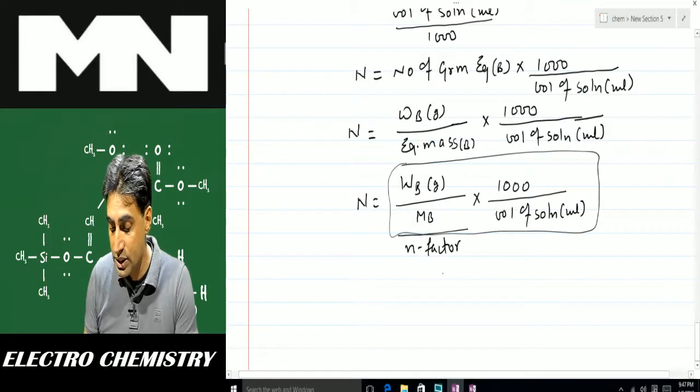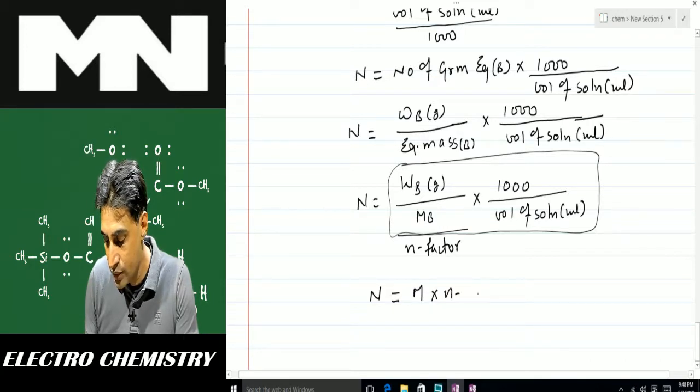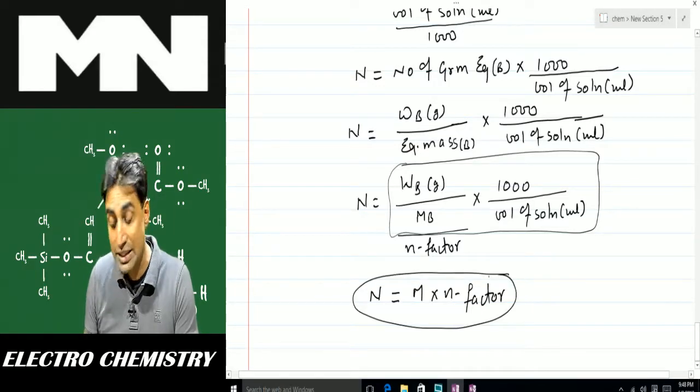So here you can see what I am writing, n factor. If I bring this n factor to the numerator, the formula for normality becomes normality is equal to molarity into n factor. So one formula for normality you are getting this one, that is normality is equal to molarity into n factor.